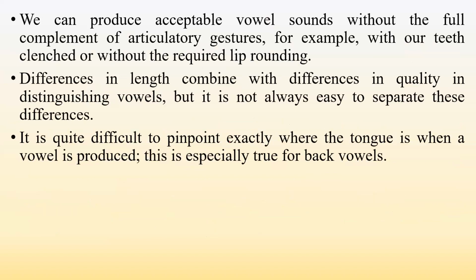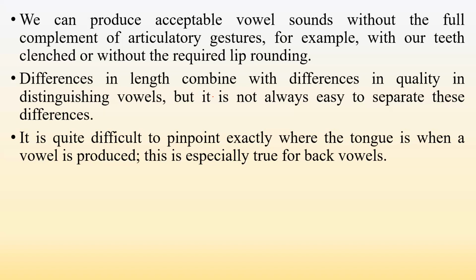So we can produce acceptable vowel sounds without the full complement of articulatory gestures, for example, without teeth clench, or without the required lip rounding. Articulatory gestures here means using the articulators that are contacting each other.